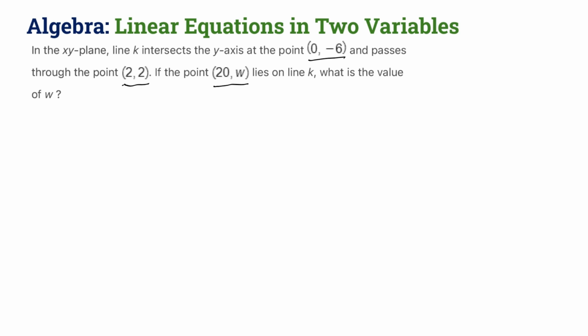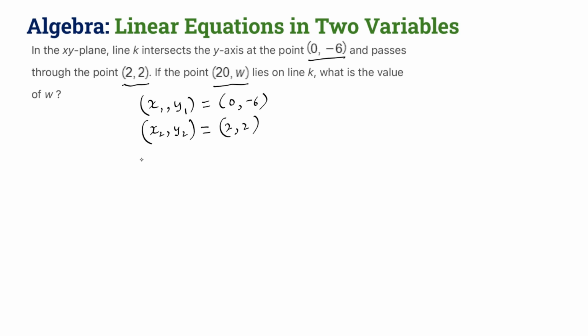Okay. So let's take the first point as x1, y1 equal to (0, -6). Also, x2, y2 is going to be equal to (2, 2).